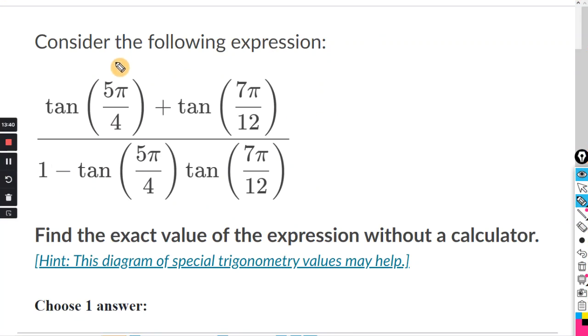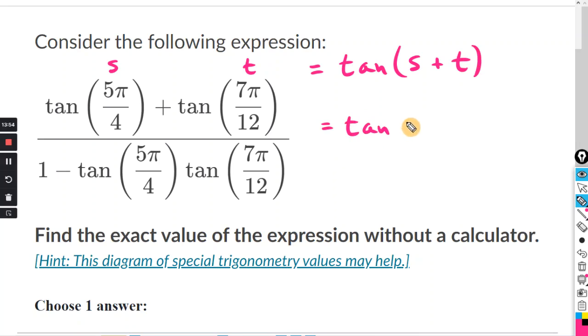So again, this was s, this was t. We're looking at the tan of s plus t. And this one, I don't think we have to convert to degrees. All right, so we have the tan of 5 pi over 4 plus 7 pi over 12.